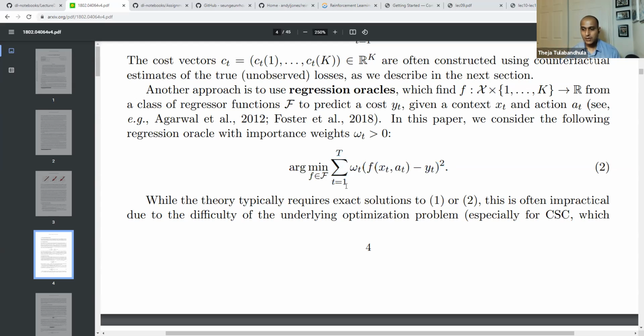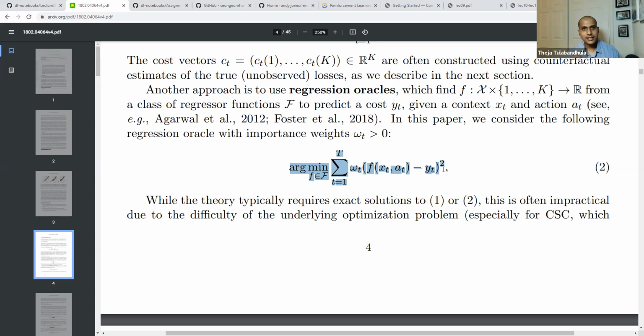This is one way to solve it, but contextual bandit problems have their own set of issues. This is just an informal way of saying that you can use supervised learning approaches, in this case regression approaches, to solve for the best policy.